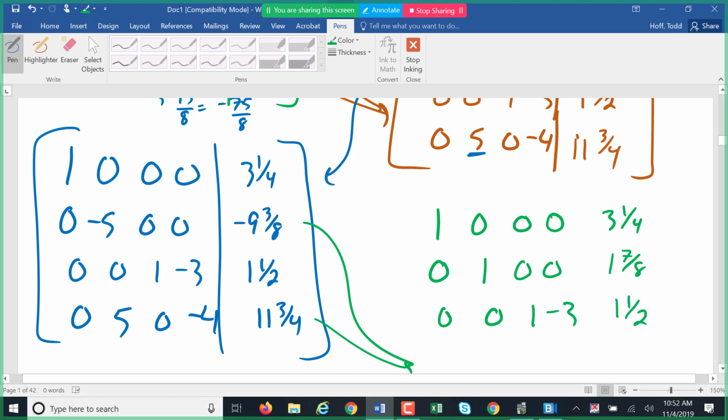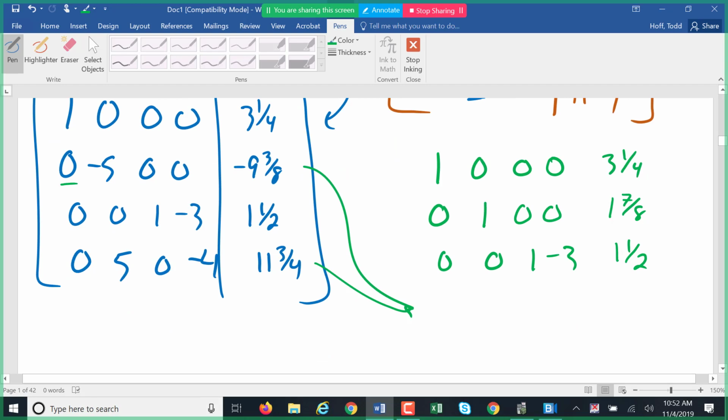The last row, we're going to add it with that second row. So 0 and 0 is still 0. -5 and +5 is 0. 0 and 0 is 0. 0 and -4 is -4. 9 3/8 and 11 3/4 is 2 3/8.